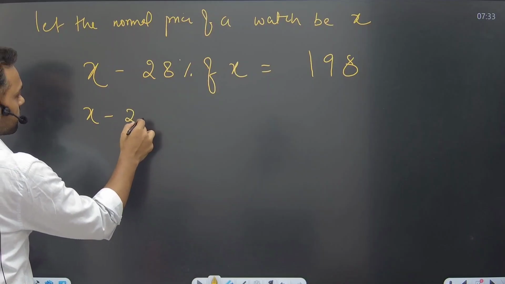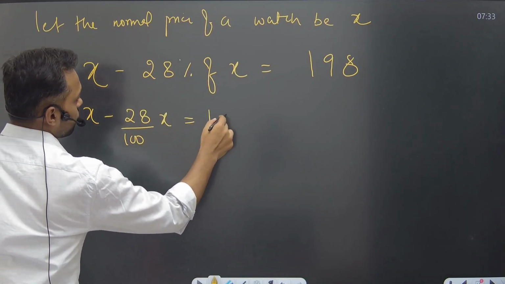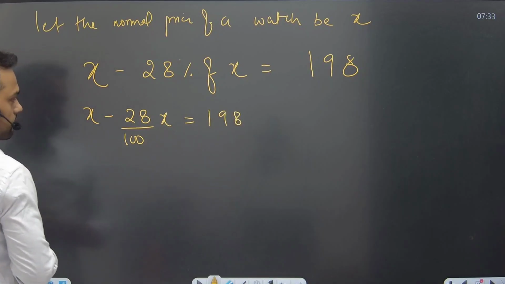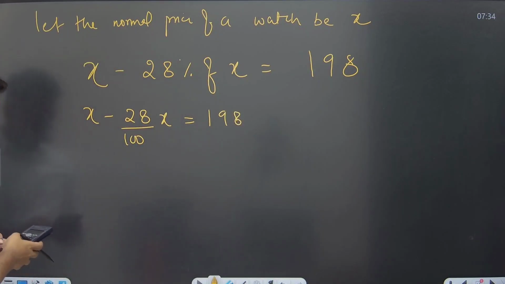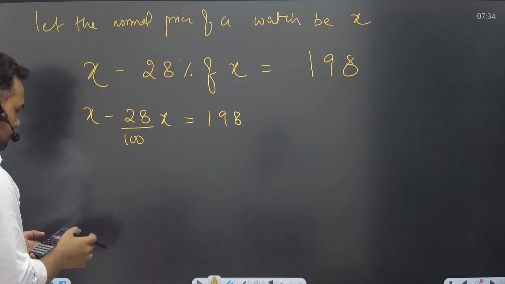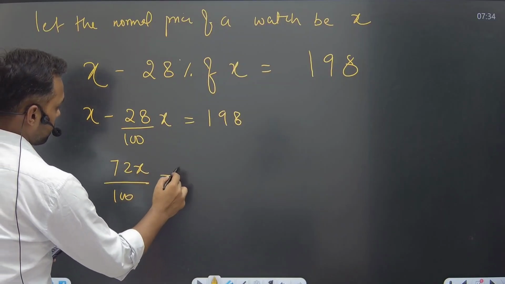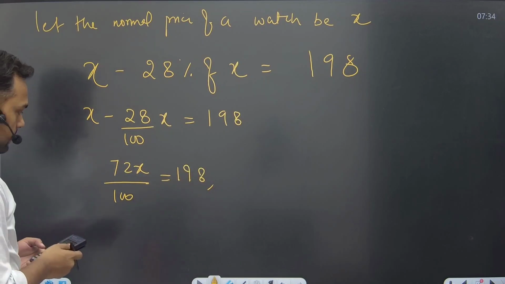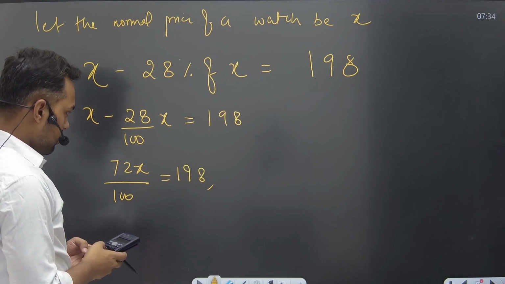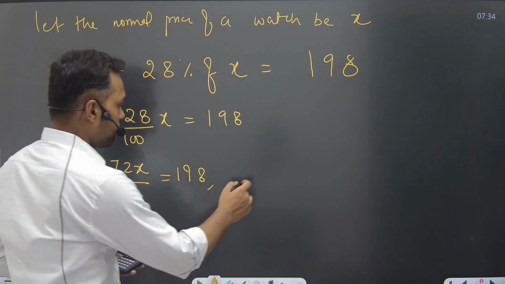You will get x minus 28x by 100 equals 198. Now 72x by 100 equals 198. After calculating it, students, you will get 19800 divided by 72, which equals 275.